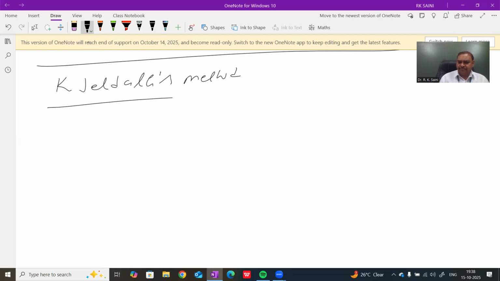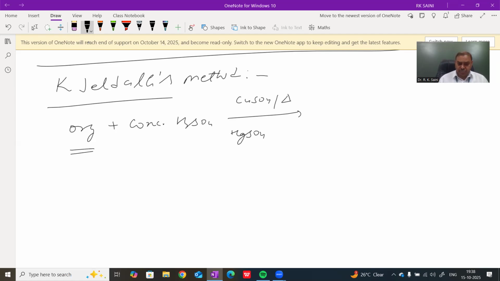In this method, the organic compound is strongly heated with concentrated H2SO4 in presence of copper sulfate or mercury sulfate as a catalyst. This process is known as digestion. Digestion means all of the organic compound, their nitrogen, carbon, etc., are digested.